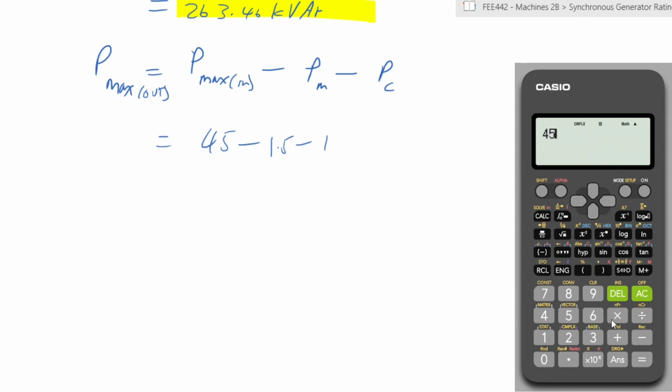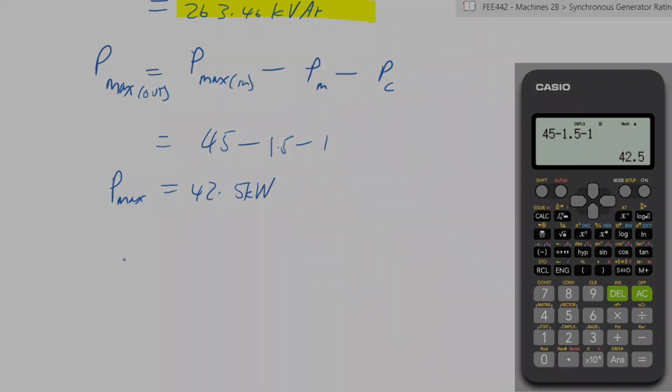So 45 minus 1.5 minus 1. So this is 42.5 kilowatts. Right. So this is our maximum output. Our limit of the prime mover, what we can actually get, is limited by that.